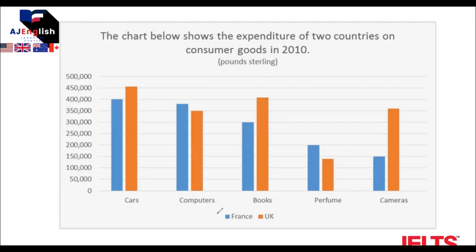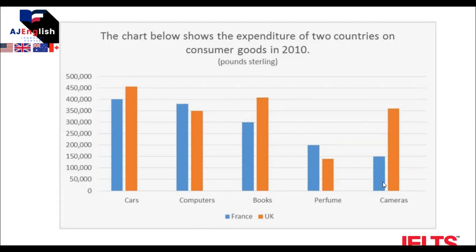These countries, as you see, France is represented in blue, the UK in orange. So that's what's being compared and how. Time reference, we know this is only in 2010, so only 1 year. Do not get confused. Do not think that it is longer than 1 year.